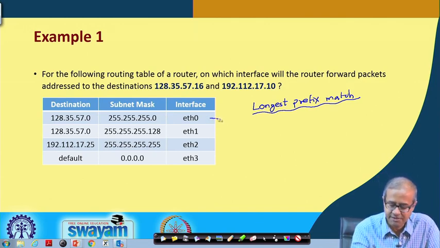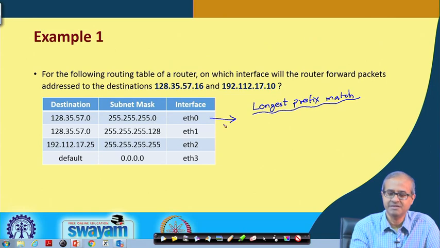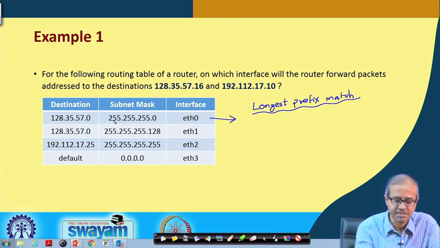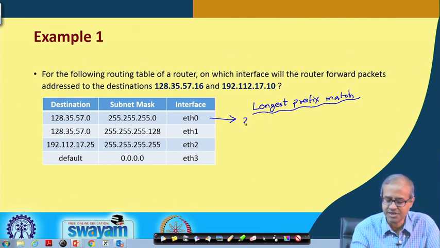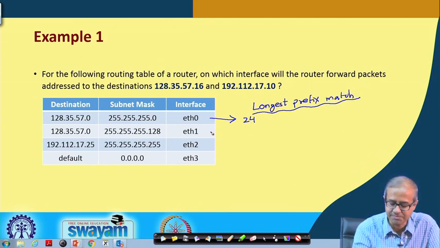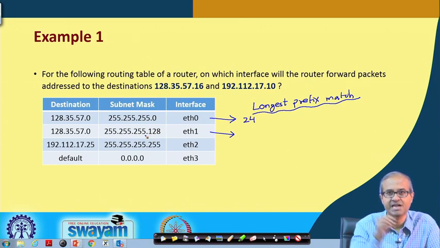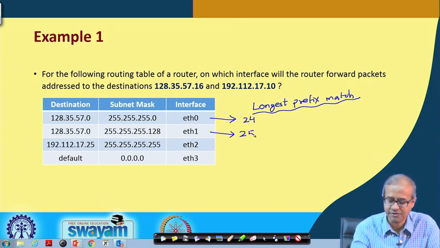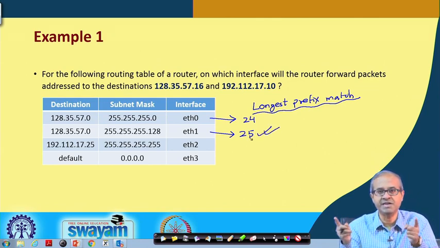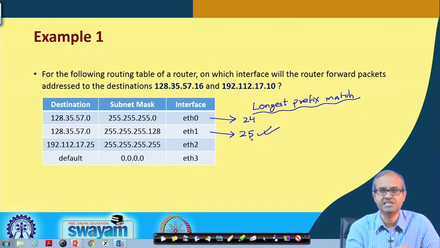In the first row there was a match, but how many bits were checked for the network address? The first 8, 8, 8, 24 bits. So, the network part was 24 bits, but for the second subnet mask there were 24 plus, in the last one, there was a single one. So, it is 25. So, you will always take the highest one, the longest network number for which a match is found.